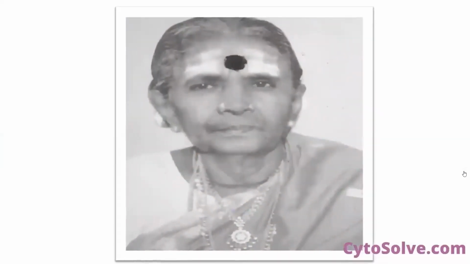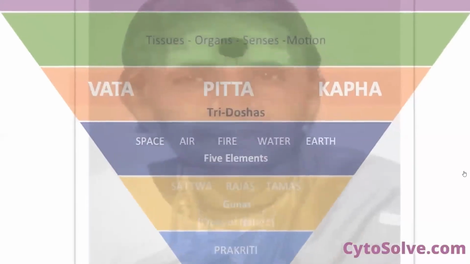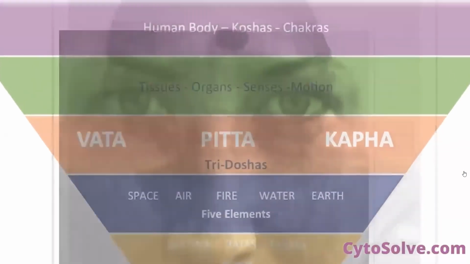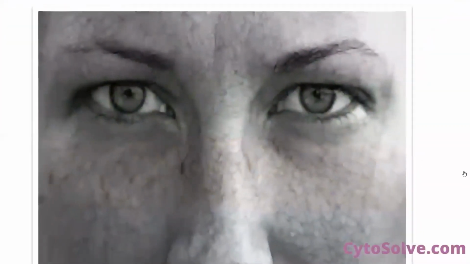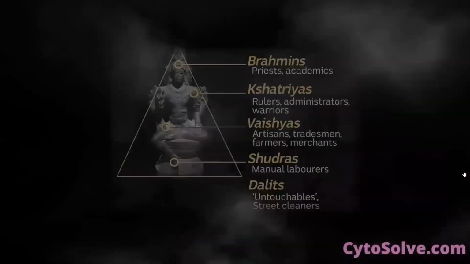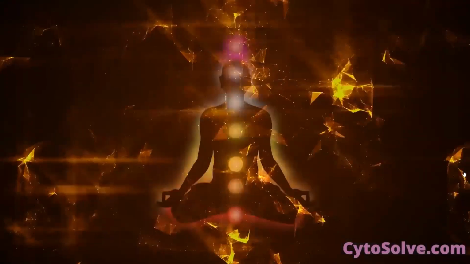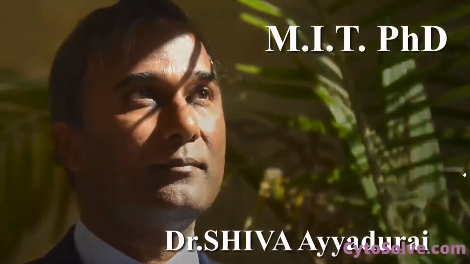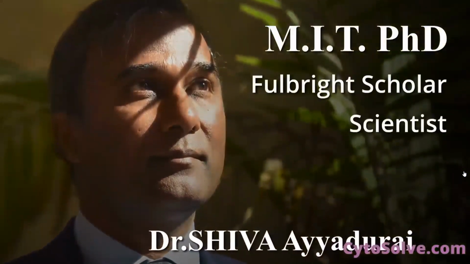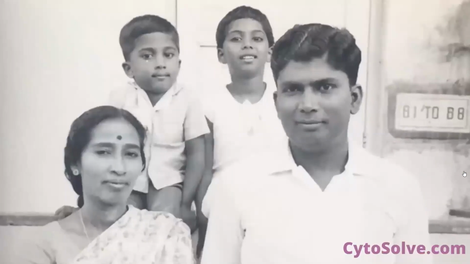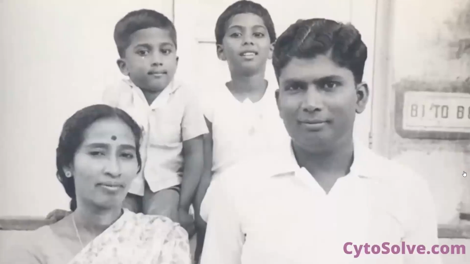As a child, I observed my grandmother, a poor village farmer, practice Siddha, India's oldest system of medicine, to heal local villagers by observing their face, to know their unique constitution, to deliver a unique combination of foods, healing herbs, and massage. The caste system and her abilities to heal inspired me to understand the interconnectedness of all life. My name is Dr. Shiva Ayyadurai. I'm an MIT PhD, a Fulbright scholar, a scientist, technologist, and inventor. My family and I left India to come to America on my 7th birthday.